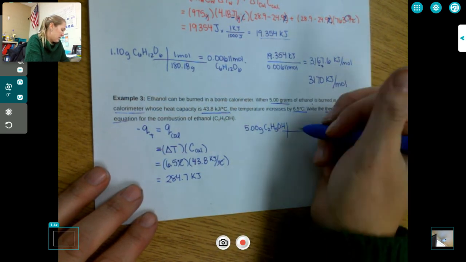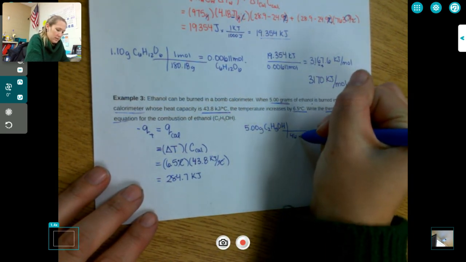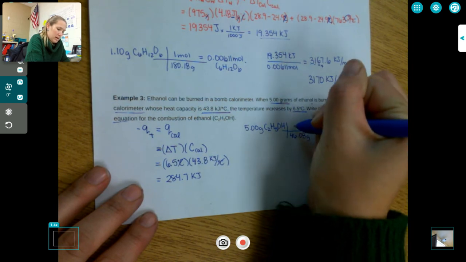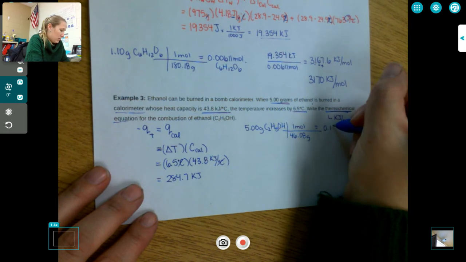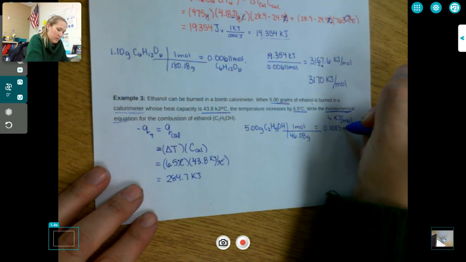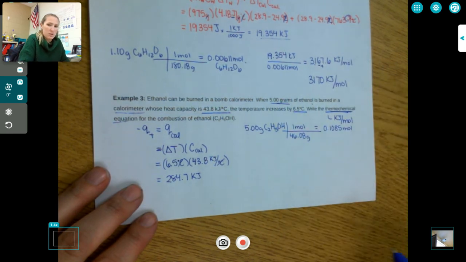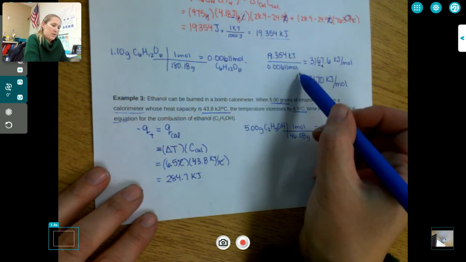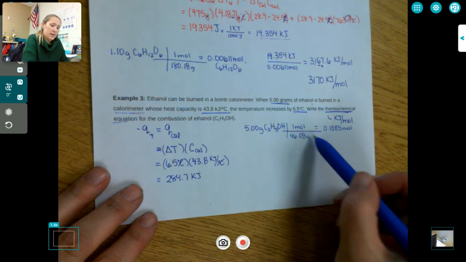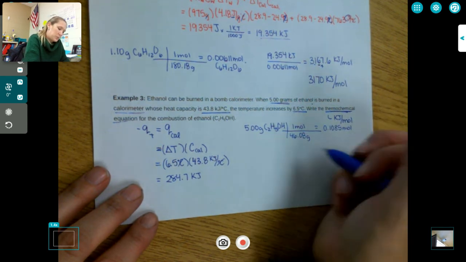My molar mass of ethanol is 46.08 grams per 1 mole, which means I have 0.1085 moles of ethanol. So just like we did up here to get a molar heat of combustion, we'll get a molar heat here as well.